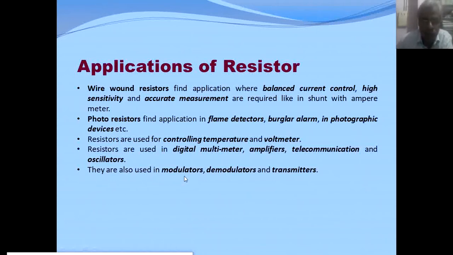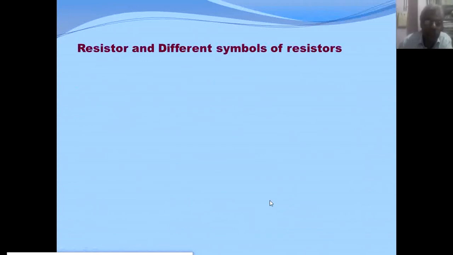They are also used in modulators, demodulators and transmitters. So these are some applications of general resistors and other resistors.